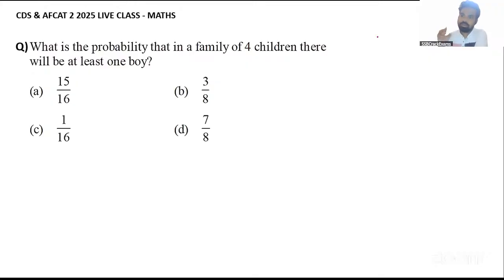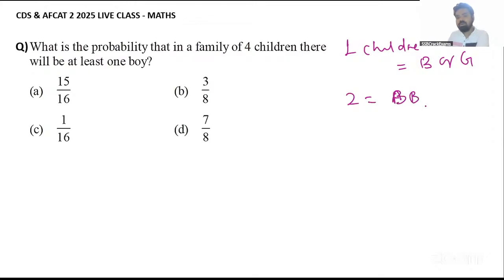Suppose there is only one child in a family, then it can be boy or girl. Suppose there are 2 children in a family, then first can be boy and second can be boy, first can be boy and second can be girl, first can be girl and second can be boy, or both girls.